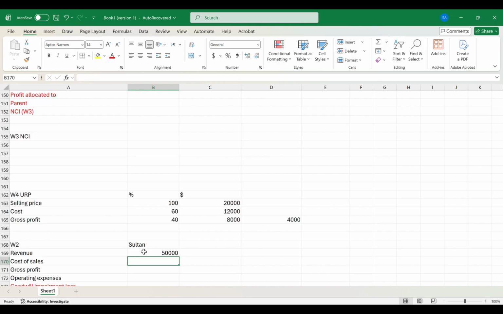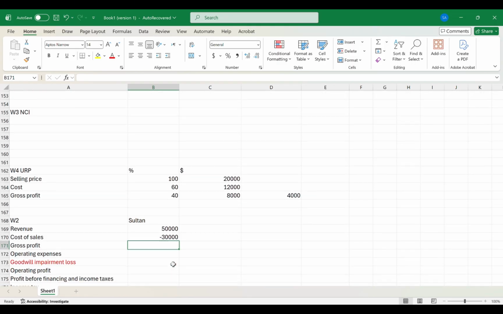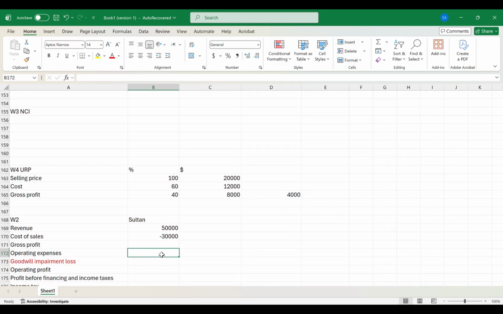Then his cost of sales is 30,000. Then his operating expenses is 10,000. Then goodwill is 3,000.